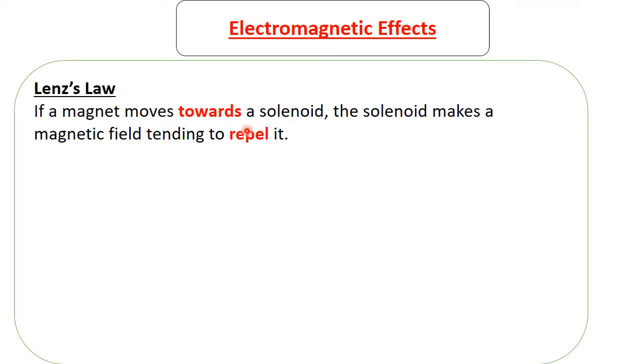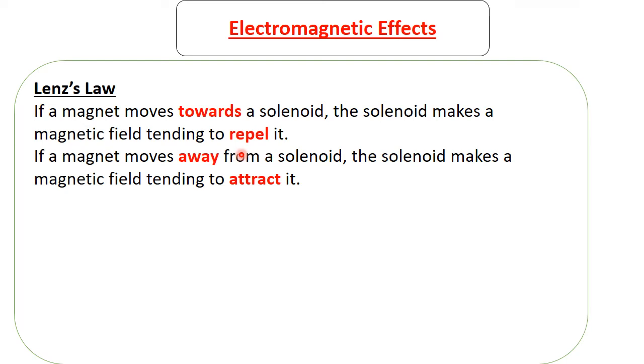If a magnet moves towards a solenoid, the solenoid makes a magnetic field which tends to repel it. So the solenoid somehow will make a magnetic field that's going to repel that magnet that's coming. It's like if that magnet is approaching, the solenoid will say, don't come close. So it will push the magnet away.